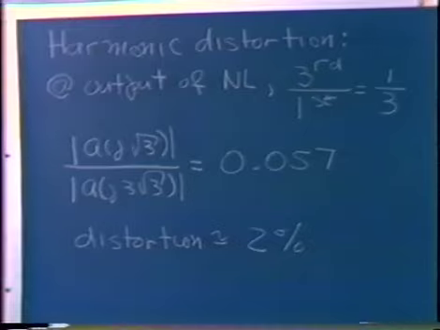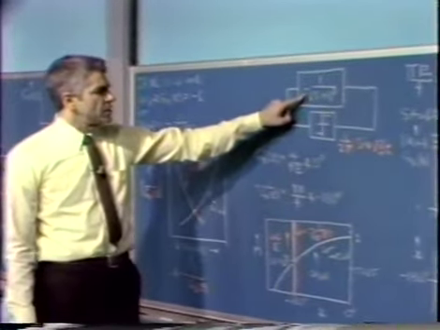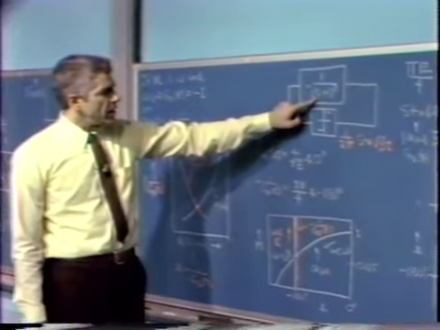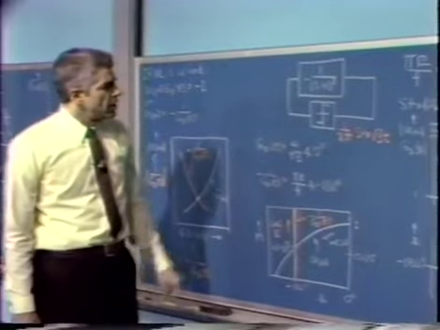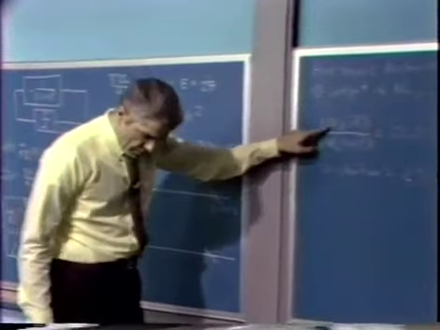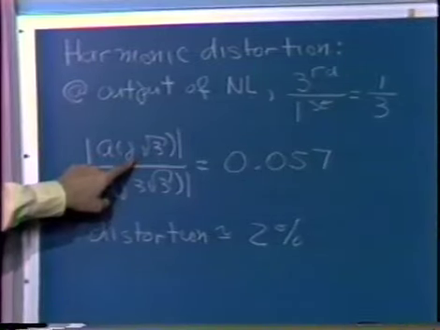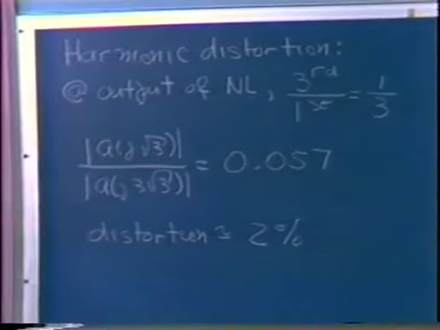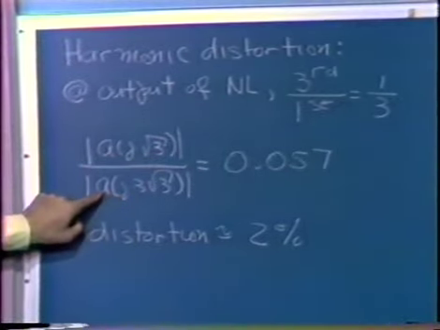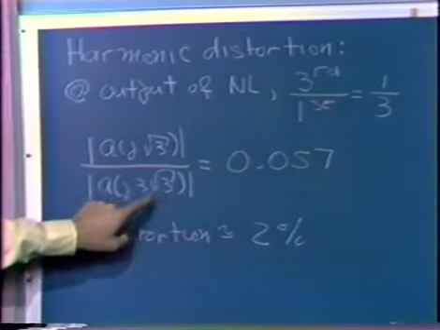Similarly, we can evaluate the gain of the linear portion of our system to the third harmonic and compare that with the gain to the fundamental component. The gain to the fundamental component, of course, is simply equal to A evaluated at J radical 3. That's the fundamental frequency. And we divide that by A evaluated at J times 3 radical 3.